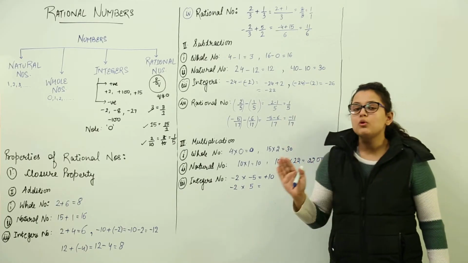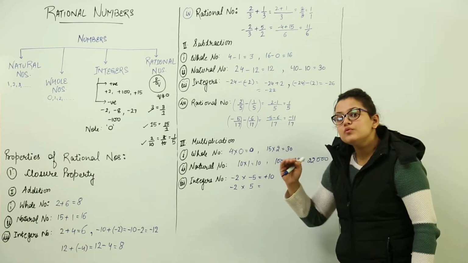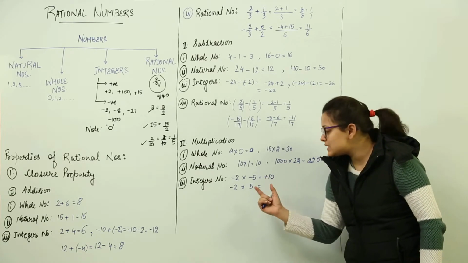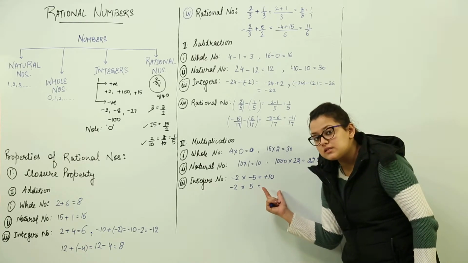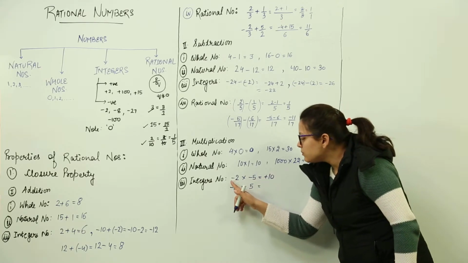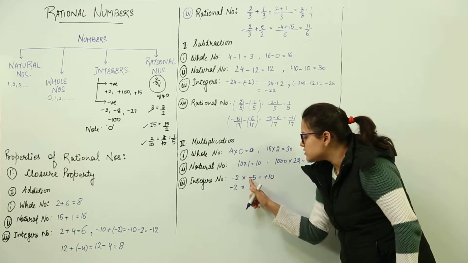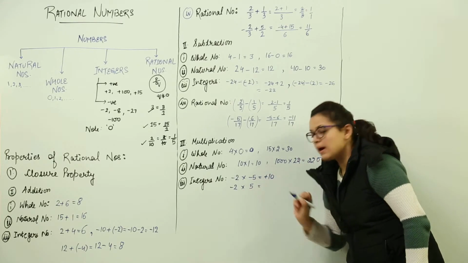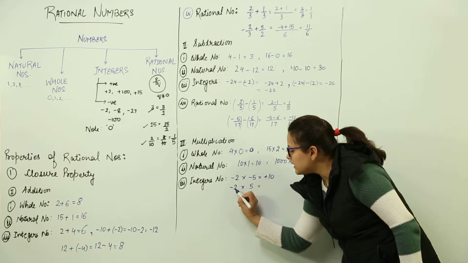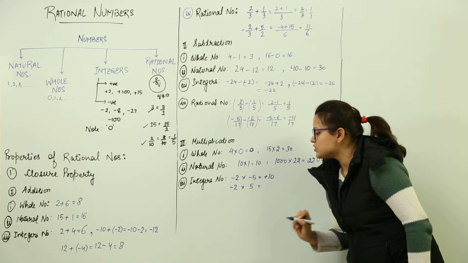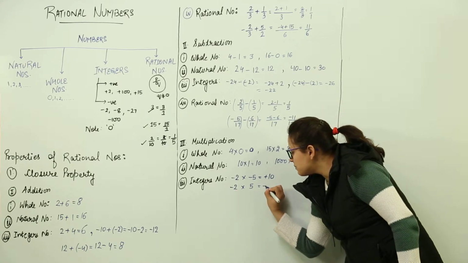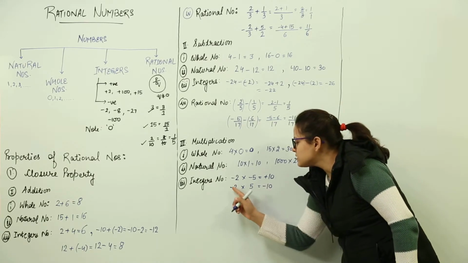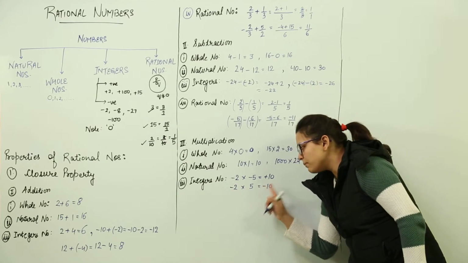Here I want to focus on how we multiply two integers, because their signs are very important for the answers. When you multiply two negative integers, you always get a positive, because minus into minus becomes plus. When you multiply a negative integer with a positive integer, the answer will get a minus sign. Why? Because minus into plus becomes minus.